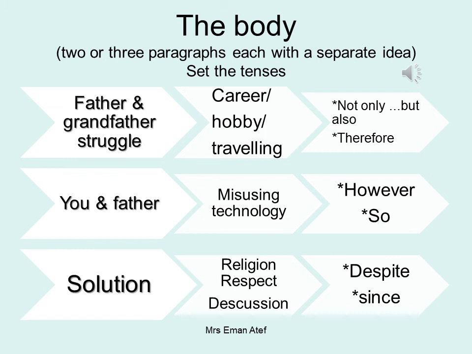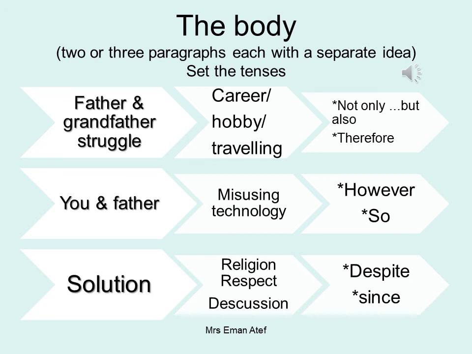And at the end you'll write, this is not the end of the essay. Okay, this is the solution. The solution is, if you respect religion, discuss together till you reach a solution that both of you agree to.